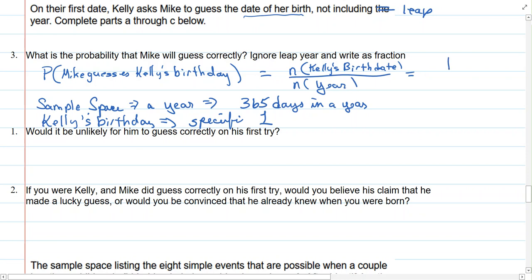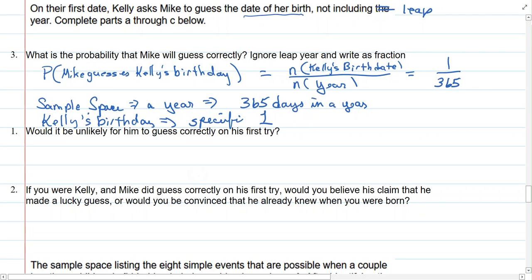So Kelly has a unique birthday out of 365.